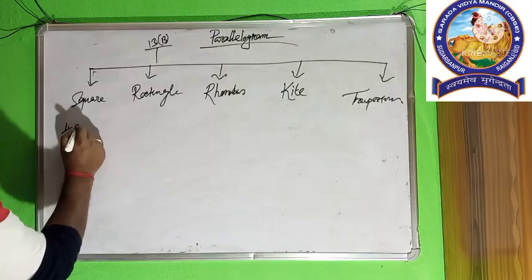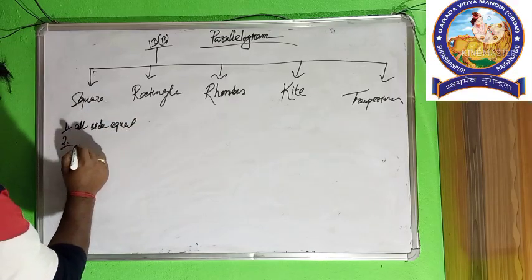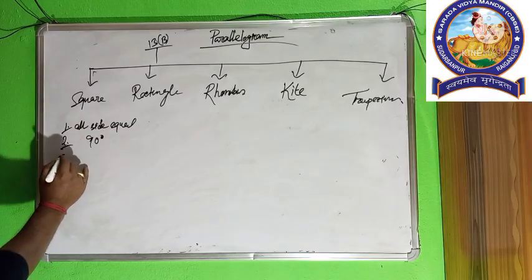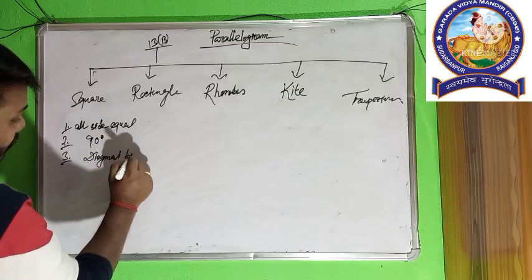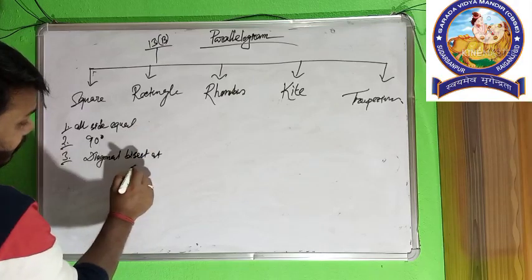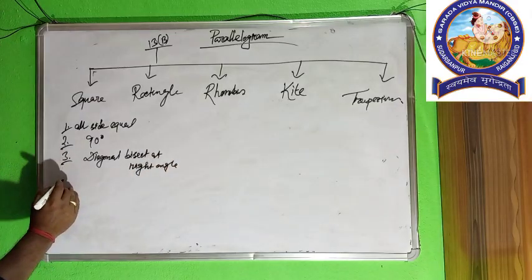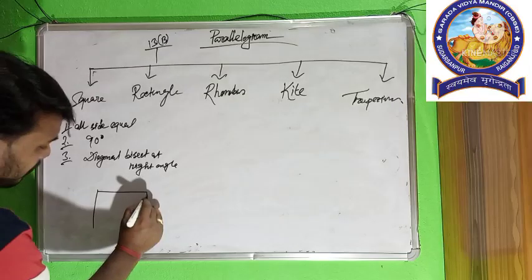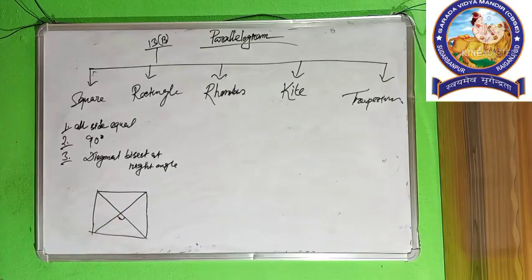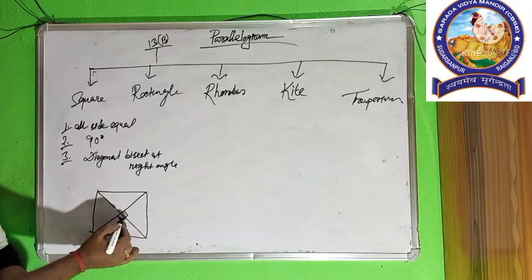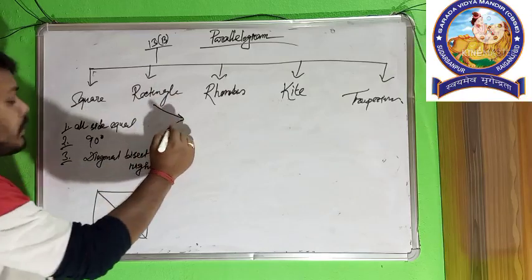All sides equal, all angles equal and 90 degrees. Third, diagonals bisect at right angles. So in a square, the value of this angle is 90 degrees, since the diagonals bisect at right angles.